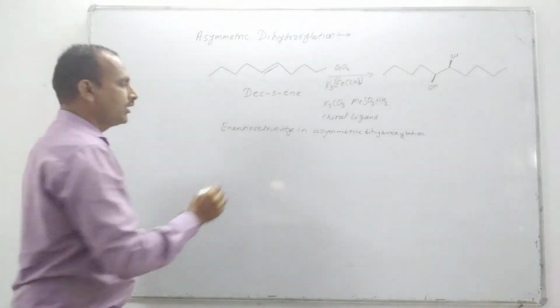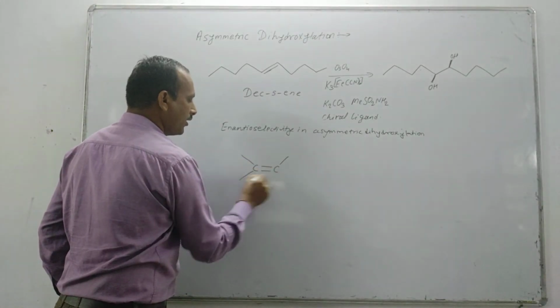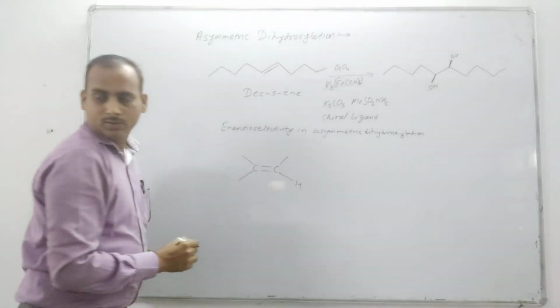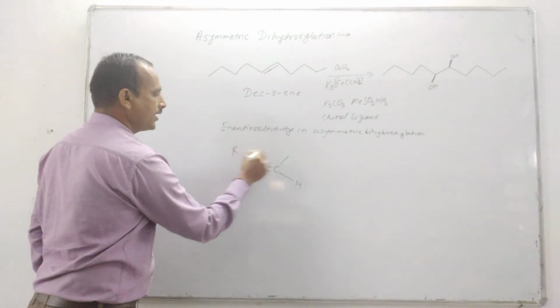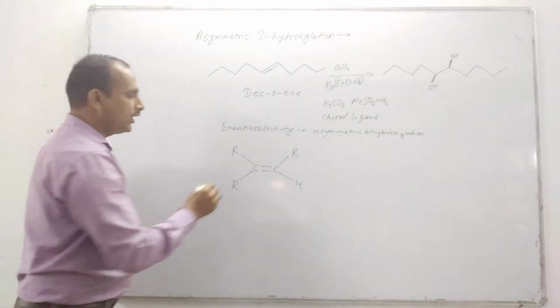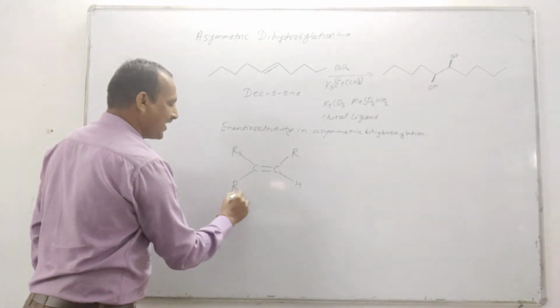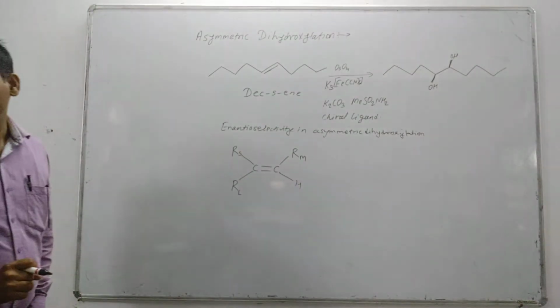Now the carbon double bond carbon, R, H, there is R, there is R, there is also R. Now the small R group, this is large, this is medium, and this is the hydrogen.